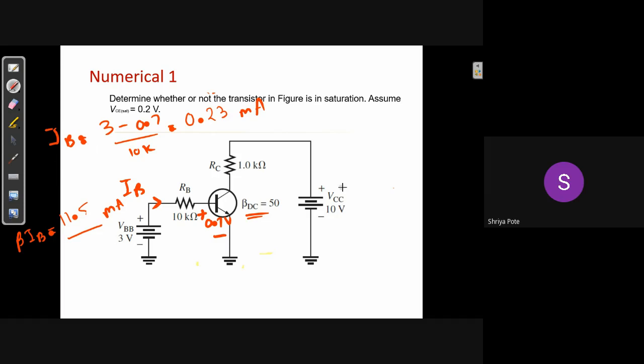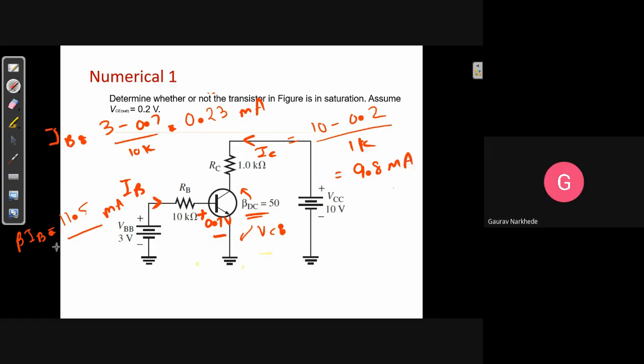Now, can I calculate IC? IC is (10 minus 0.2) divided by RC. Why divided by 0.2? Because here the voltage is VCE and it is given as 0.2 volts. Divided by RC, that is 1 kilo. So how much is it? 9.8 milliamperes.